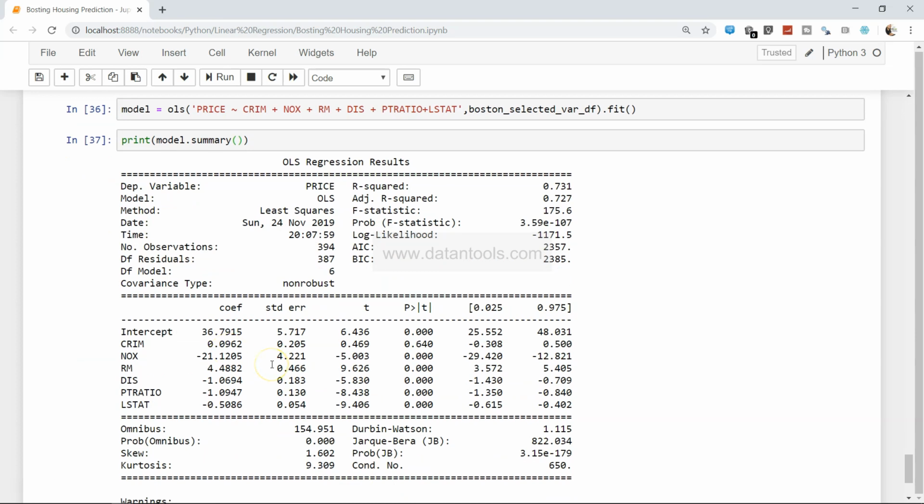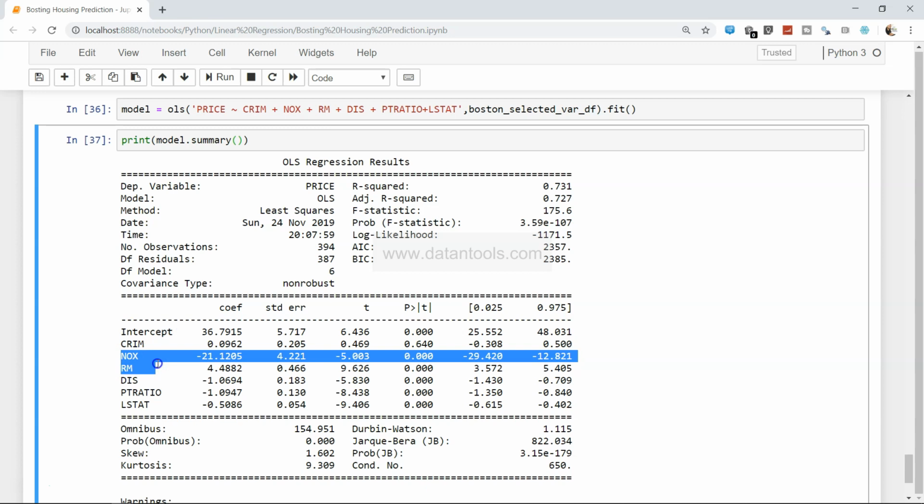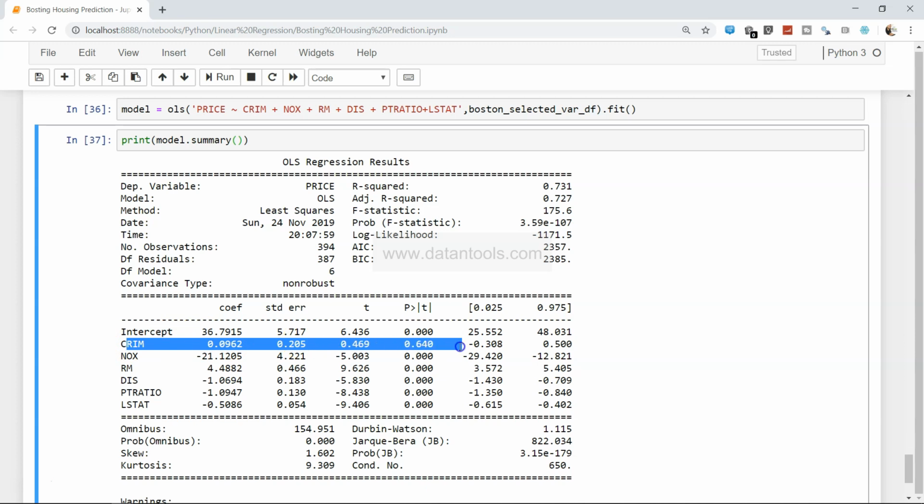And over here, if you see, there are variables, for example, we have an intercept, NOx, crime rate, DIS, PT ratio, LSTAT. The very first thing I will see is the p-value, and wherever the p-value is lesser than 0.05 I will accept it. But in the case of the crime rate, it's 0.640, which is greater than 0.05, the threshold value for p, and this indicates that we need to remove the crime rate as it is not a significant variable.